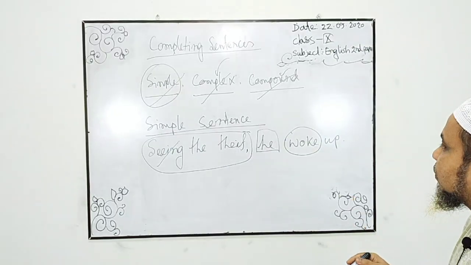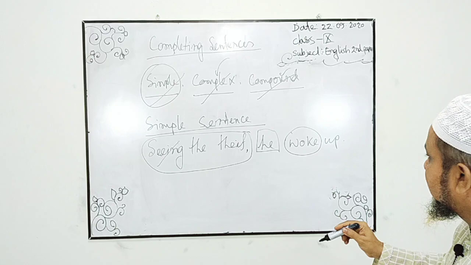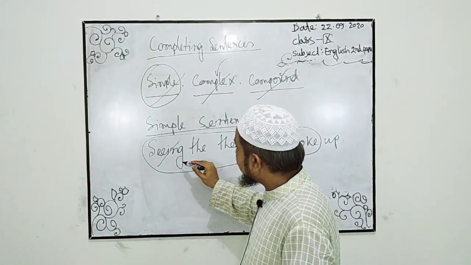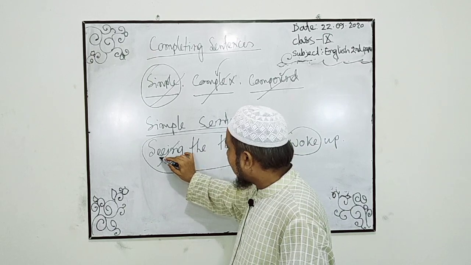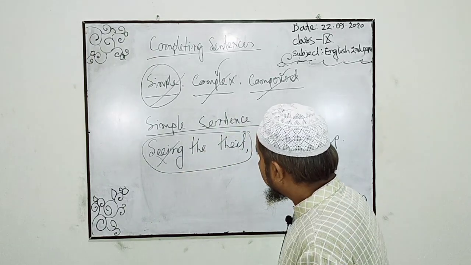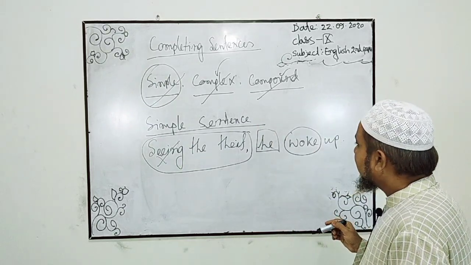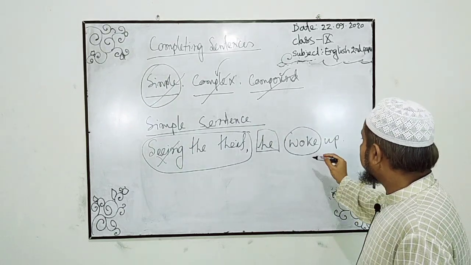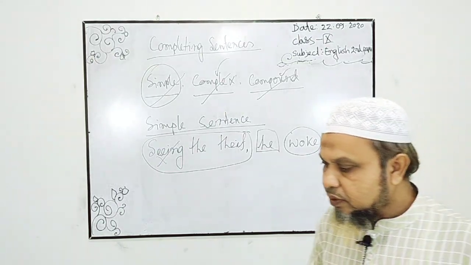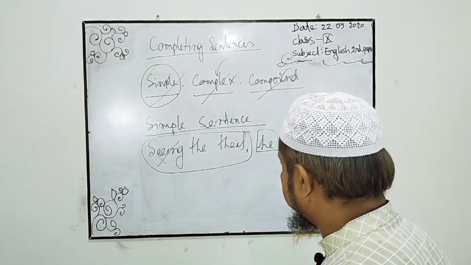So whenever we find more than one verb, we need to change it into noun form or participle form, and only one verb and an object will remain in a simple sentence.